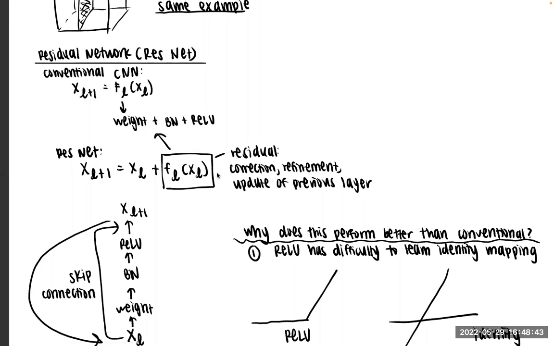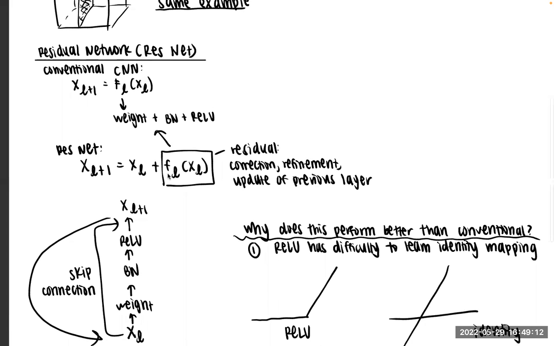So nowadays, when people use CNN, often they use the ResNet version, which is a reparameterization of the CNN. In terms of expressiveness, this big F and this small f plus XL express the same thing, the same class of functions mathematically.